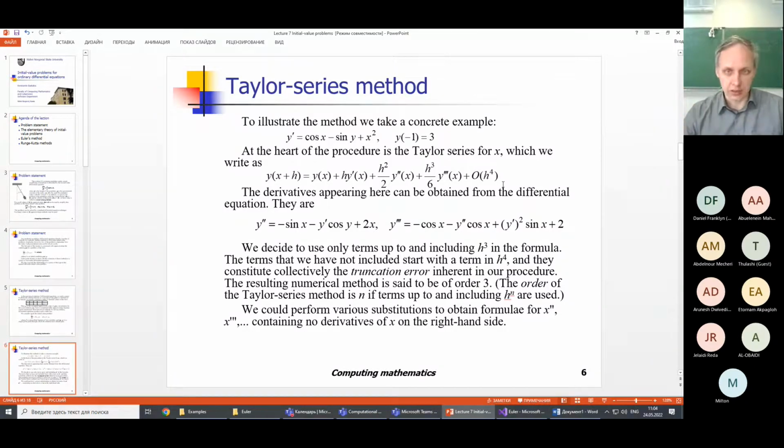The derivatives appearing here can be obtained from the differential equation. The first derivative we know exactly from the equation.